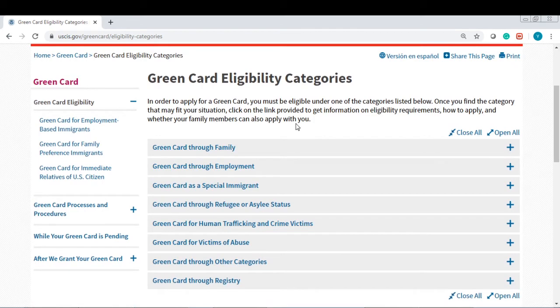As you can see, there are multiple categories you can apply for a green card, as long as you can meet their criteria.